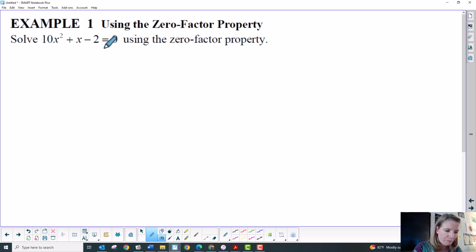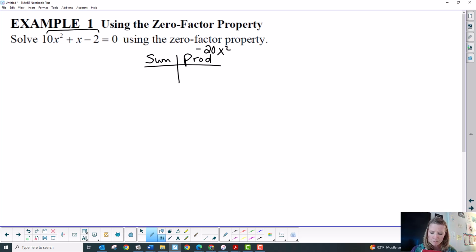To factor, I'm going to use what's called the master product property, where S is the sum, P is the product. So I've got 10x squared plus x minus 2. I'm going to factor the left side and then set it equal to 0. I multiply the 10 times the negative 2, and that is negative 20x squared. My sum is my middle term, so that's 1x.